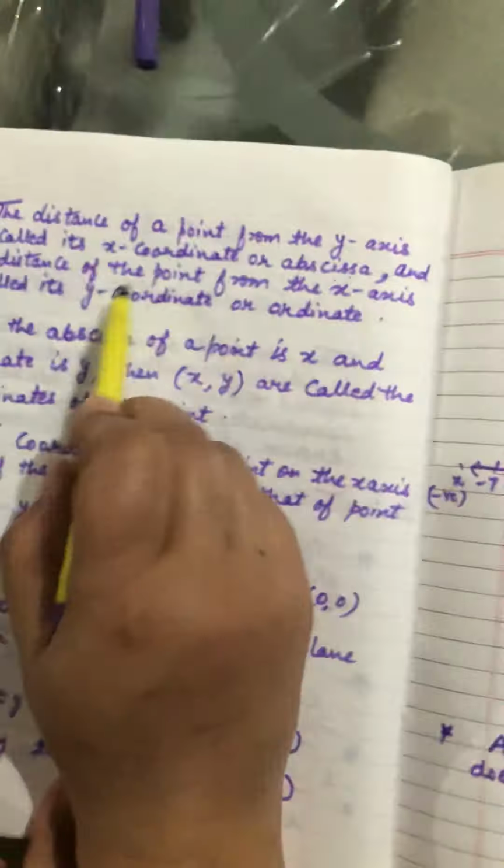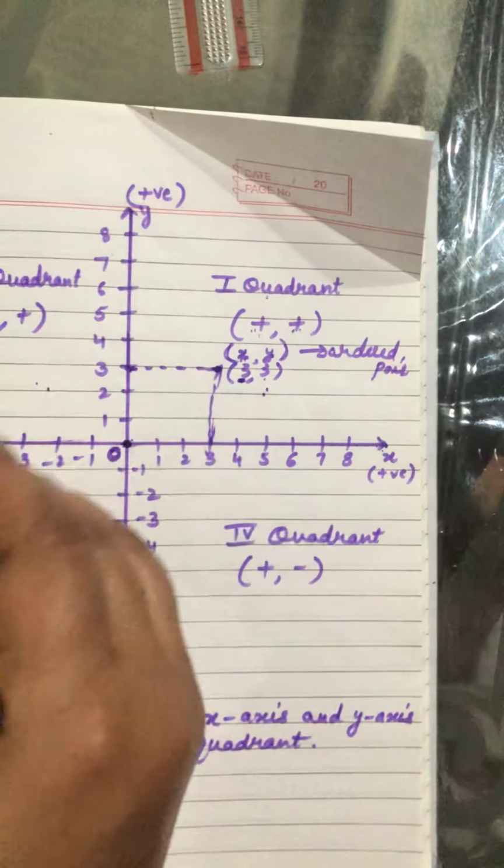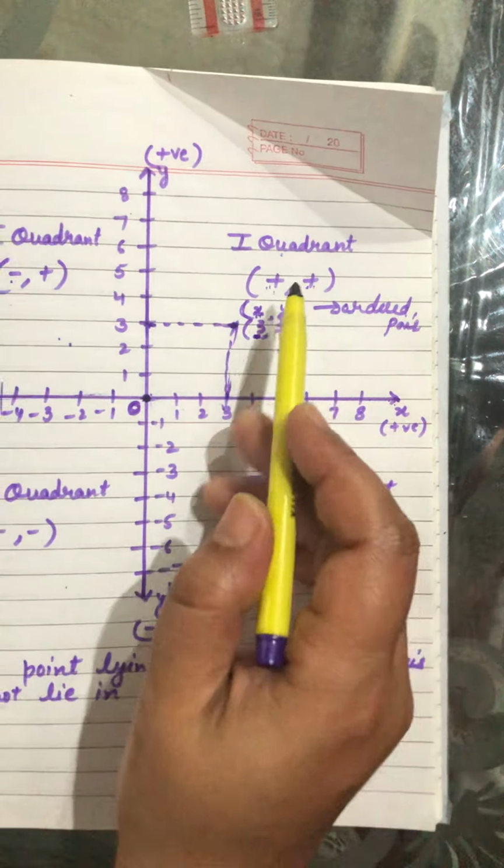And in the fourth quadrant, as we can see, we are taking the x-axis as positive x-axis and y-axis as negative y-axis. So here the x coordinate will be positive and the y coordinate will be of negative sign. So these are the signs we use for first, second, third and fourth quadrant.